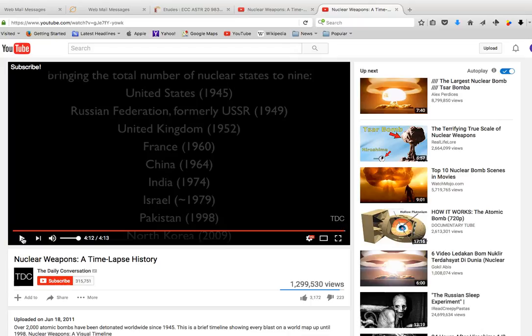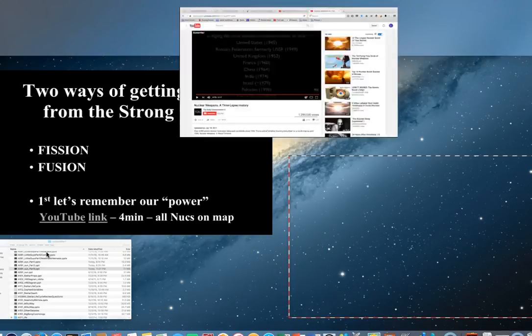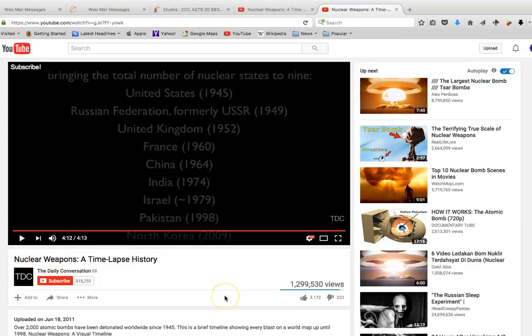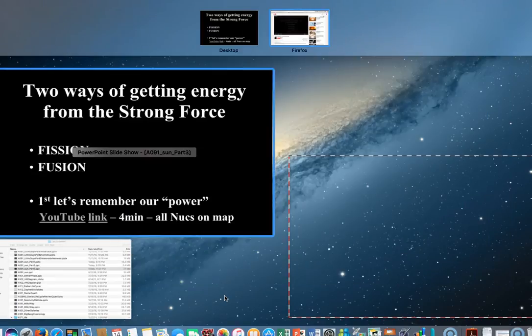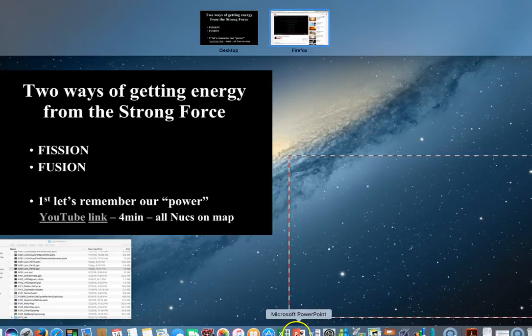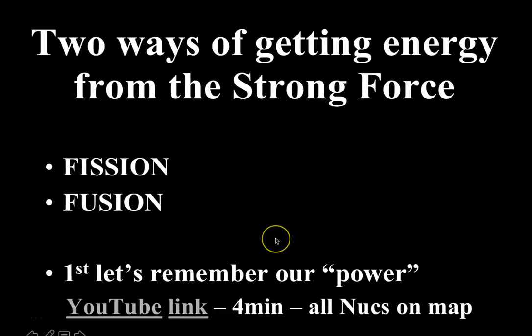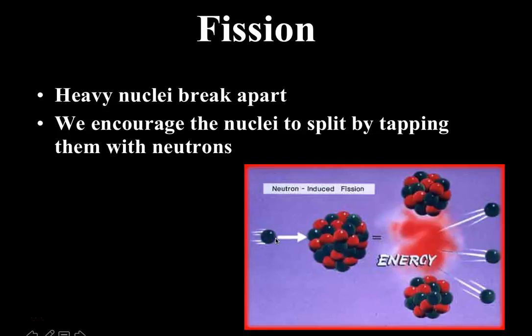Okay, so let's get back to our topic of interest, which is the sun and how it produces energy. All right, so fission is this process which we've just looked at with nuclear weapons.